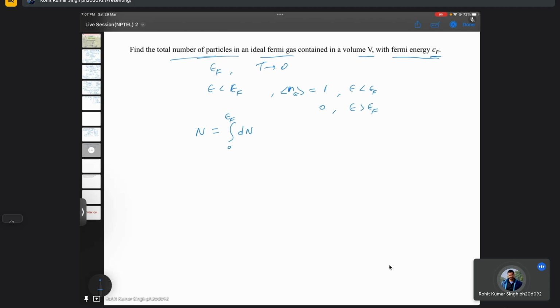These states have energy, right? These are single particle states, and you can write this as the density of states times the energy interval dE, because we know that the density of states is dN upon dE, right?